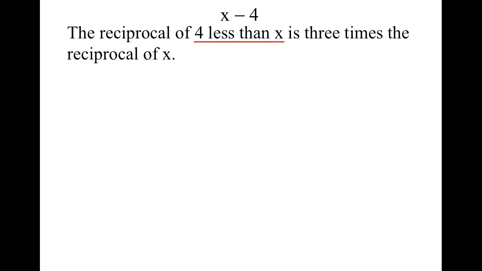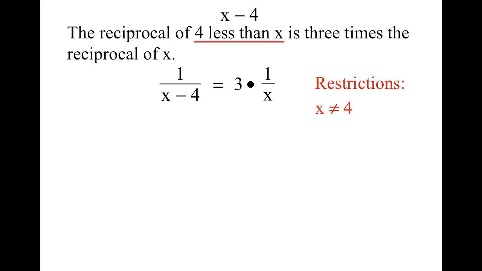Okay? And then we're going to make that 3 over x. Now, remember your restrictions here. So x is not allowed to equal 0, and x is not allowed to equal 4. We're going to multiply by a common denominator. Oh, you know what? Actually, it's probably easier. Sorry. We're going to cross multiply.